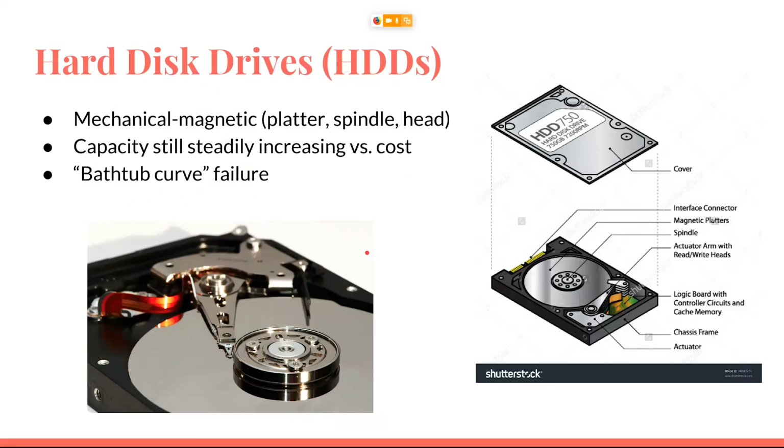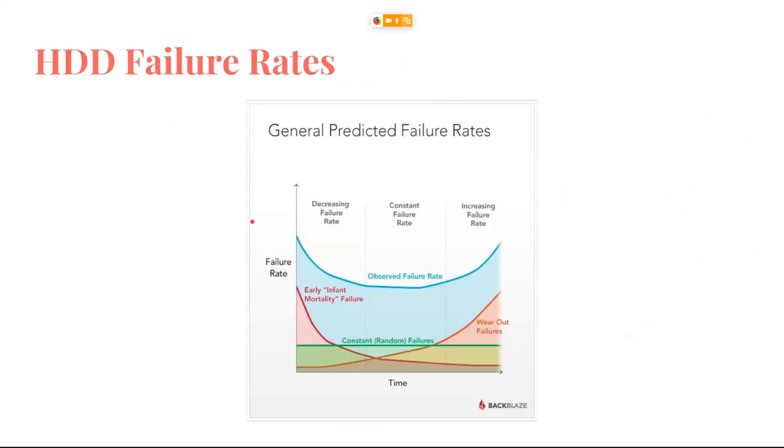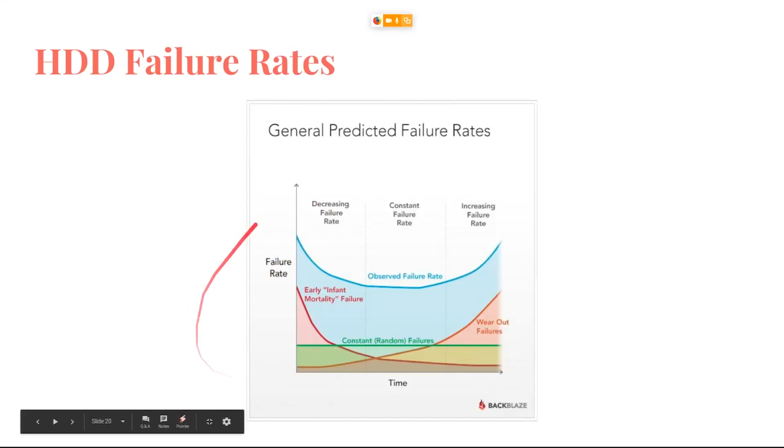Another thing that we want to observe with hard disk drives in particular is a concept called the bathtub curve. What I mean by that, in hard disk drive failure, is that when you buy a hard disk drive, they tend to either fail right off the bat out of the factory. When you first try to plug in a hard drive, power it on and spin it up, there is what they call infant mortality failure, where it just doesn't work right off the bat.